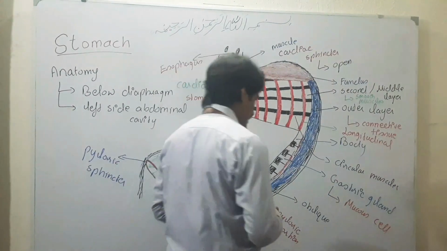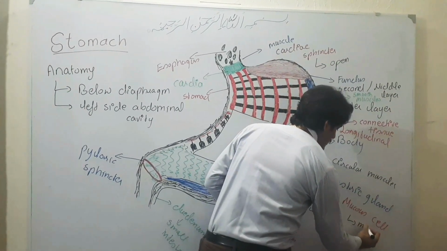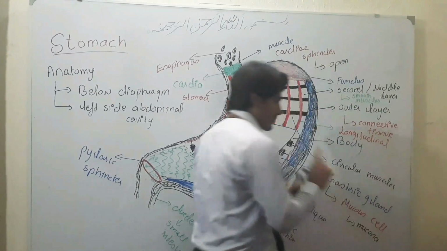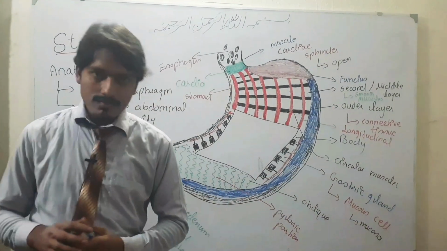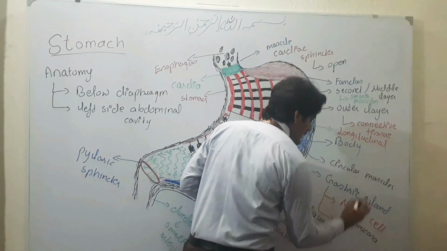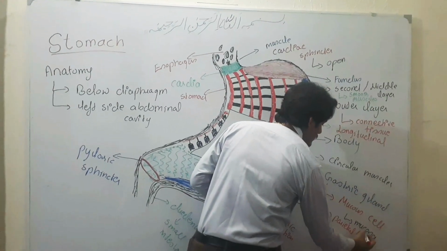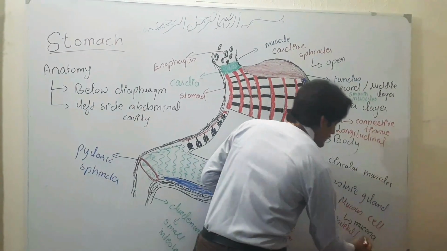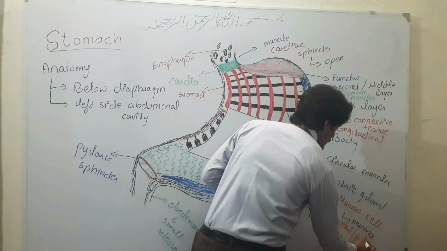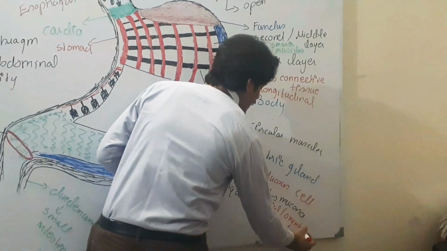The mucus cells secrete mucosa. The first one, the mucus cell, which secretes mucosa, and the second one is the parietal cell, or oxyntic cell.